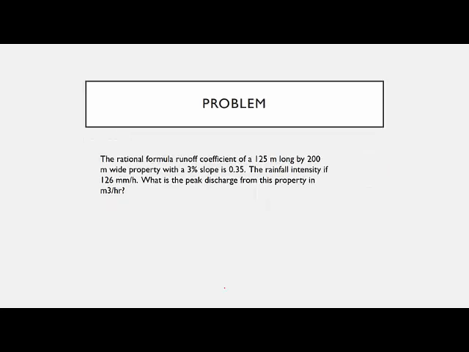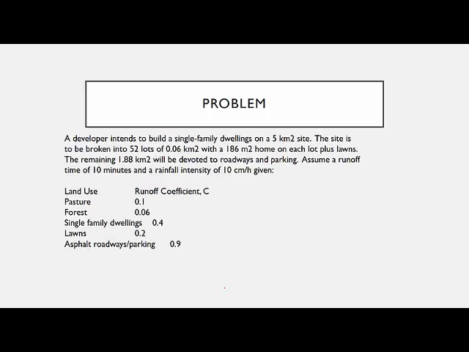So now you have two problems to solve. Here is the peak discharge. This is straightforward. Practice that. In this one, it will require you to do a little more calculation, in the sense that you have 52 lots of 0.06 square kilometers, and then you have the home, so you need to do a sketch to solve this.